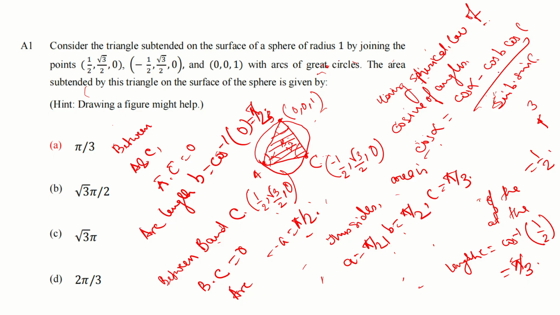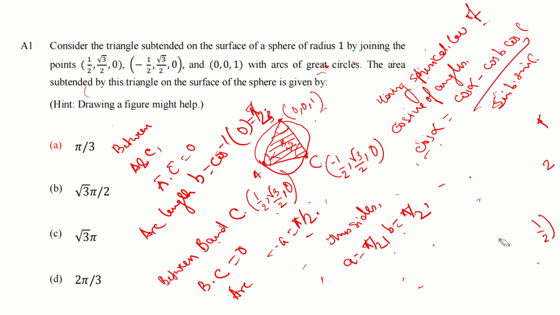We have already read this from the theory, right? Similarly, we can write for beta and gamma.